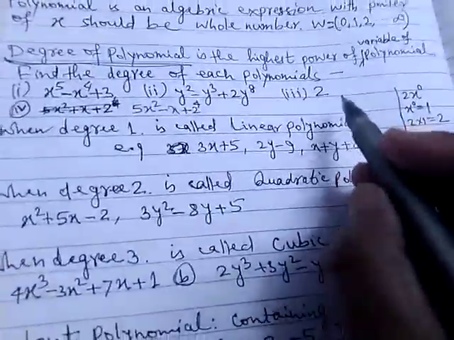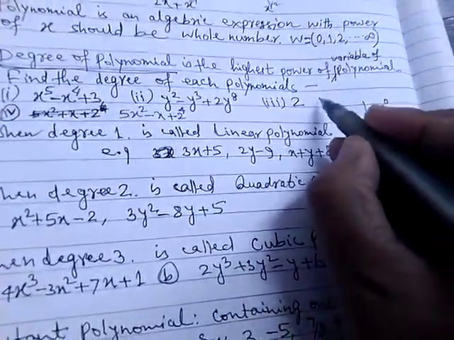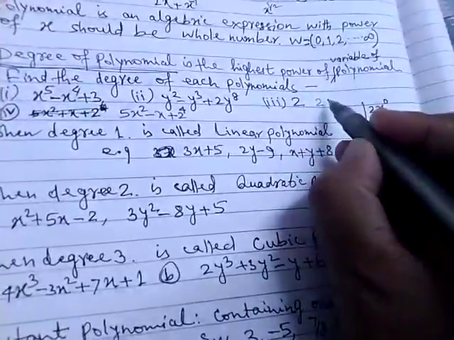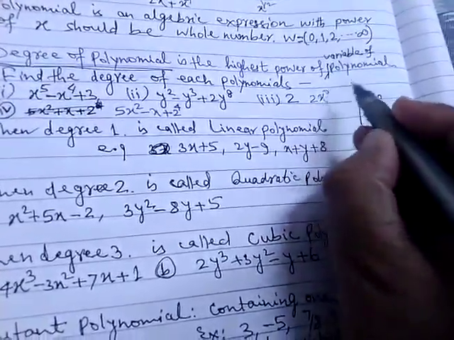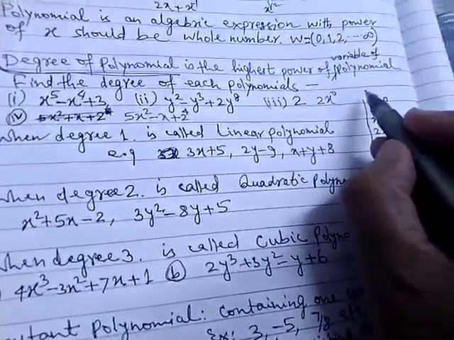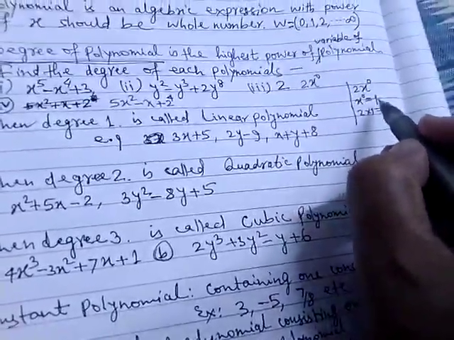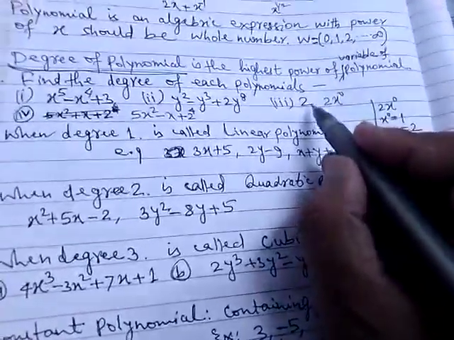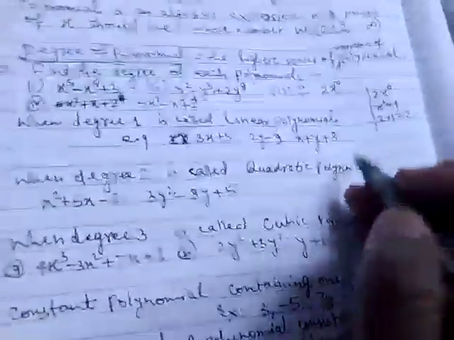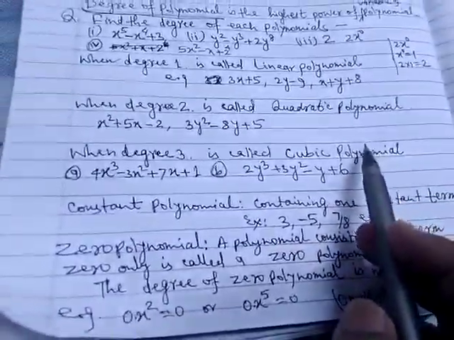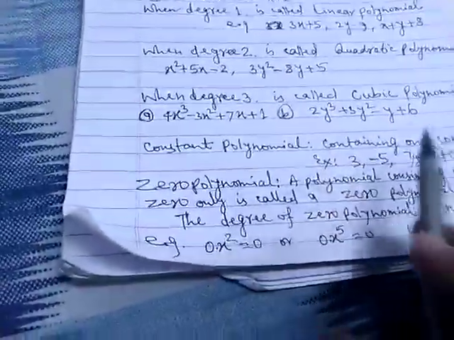2 means you can write 2 like this, 2x power 0. Anything power 0 is equal to 1. So the degree of 2 is 0. When degree is 1, it is called linear polynomial, when degree is 2, it is called quadratic polynomial, and when degree is 3, it is called cubic polynomial.